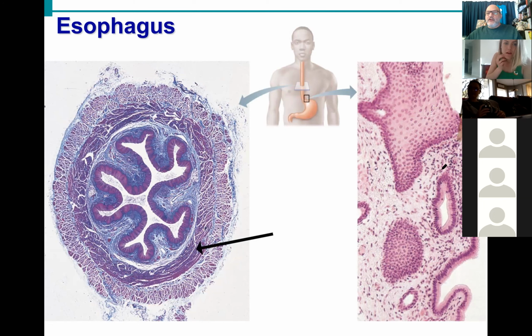Right here where this arrow is, you can see how the esophagus is lined with a non-keratinized stratified squamous epithelial tissue, and then boom, suddenly it is lined with a simple columnar epithelial tissue. So that transition, which occurs about 2/3 of the way down the esophagus, is a rapid, dramatic transition. Excellent.